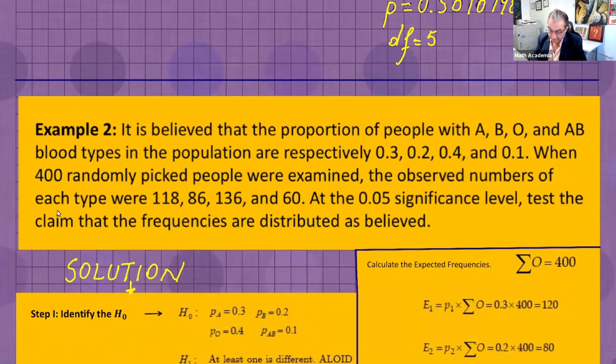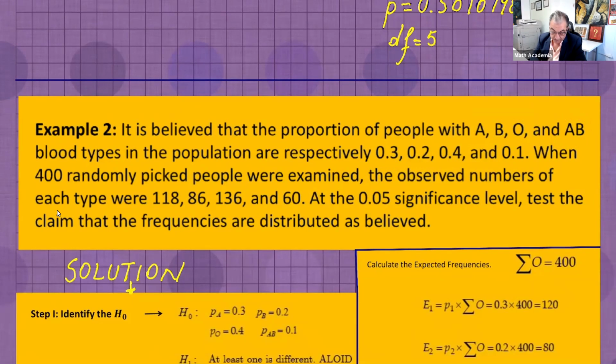It's believed that the proportions of people with A, B, O, and AB blood types in the population are respectively 0.3, 0.2, 0.4, and 0.1. What does that mean? So A type is 30%, B type is 20%, O type is 0.4 or 40%, and AB is 0.1 or 10%.